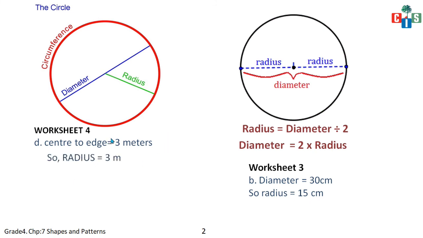Yes, because radius starts from the center to the edge, so it's 3 meters. If radius is 3 meters, the diameter will be twice the radius, that is 2 multiplied by 3, and it will be 6 meters. You have to write this measuring unit, meters and centimeters. Don't forget to add the units.